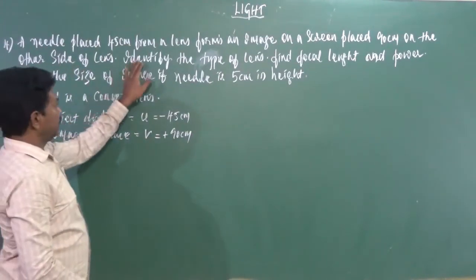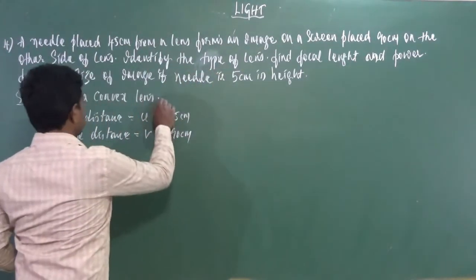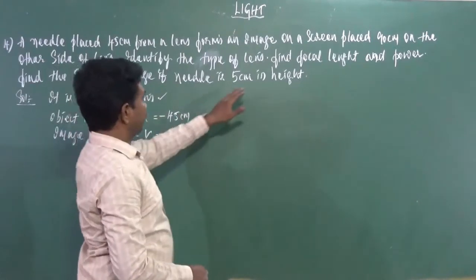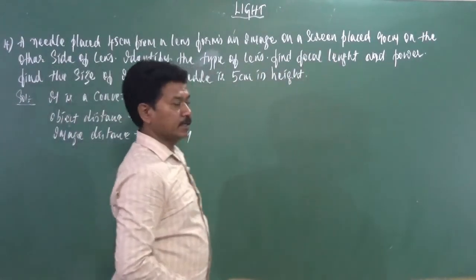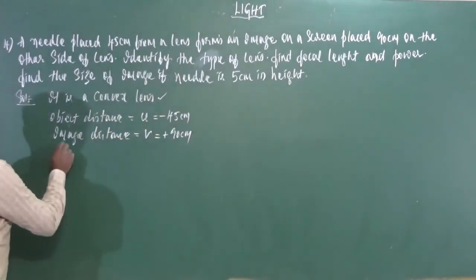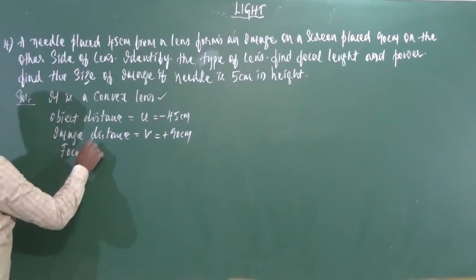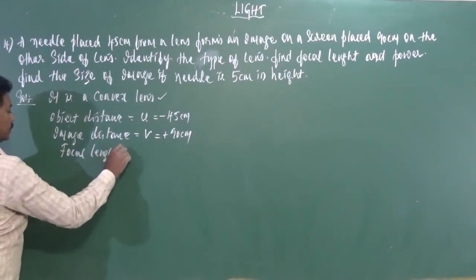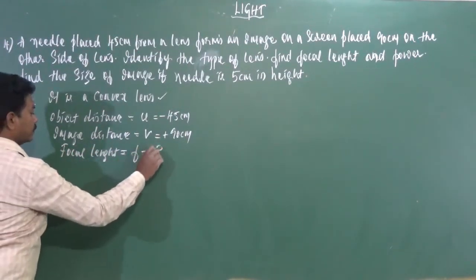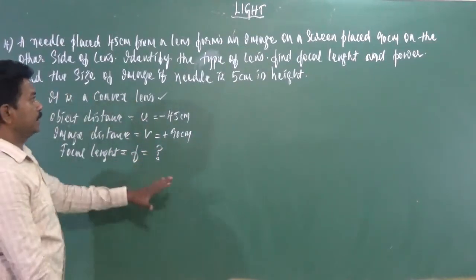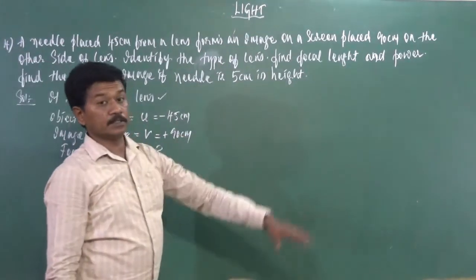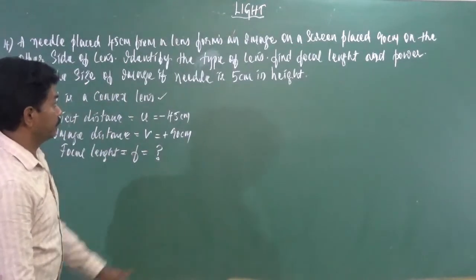Okay. Identify the type of lens. It's already done. It's a convex lens. Find the focal length. So focal length F is equal to how much? Don't apply any signs. And the power of the lens. You also have to find the power of the lens.